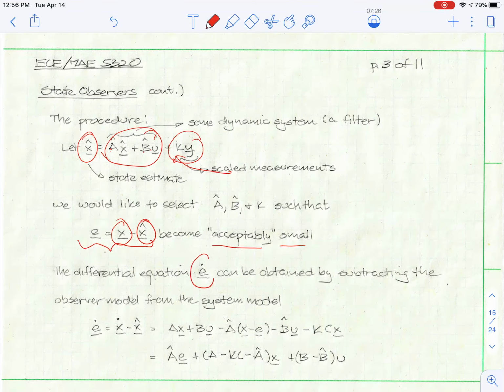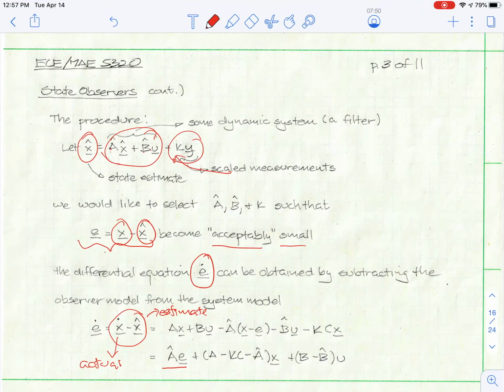So I can write a differential equation that describes the error dynamics. Okay, so e dot. And the observer model says that if I subtract these two, the estimated from the actual, I'm just subtracting those two systems from each other.